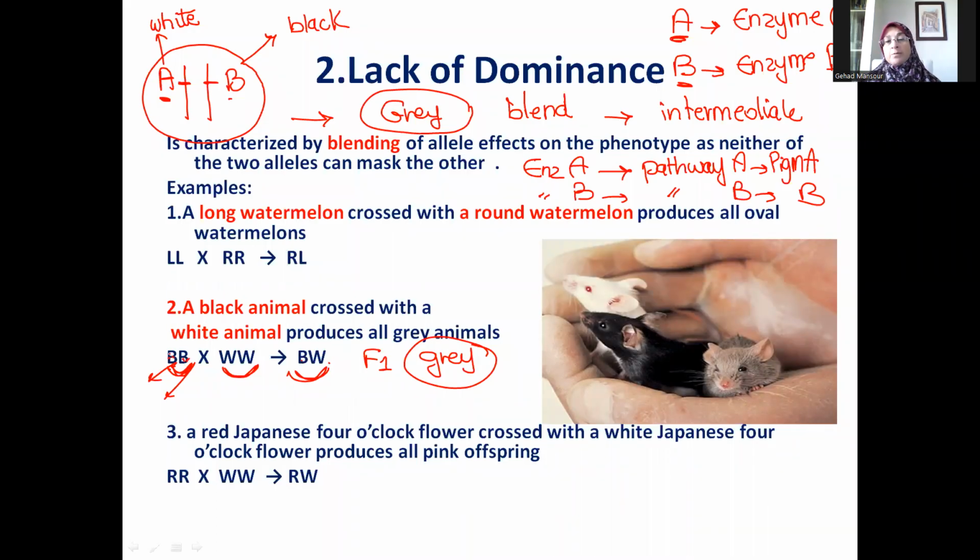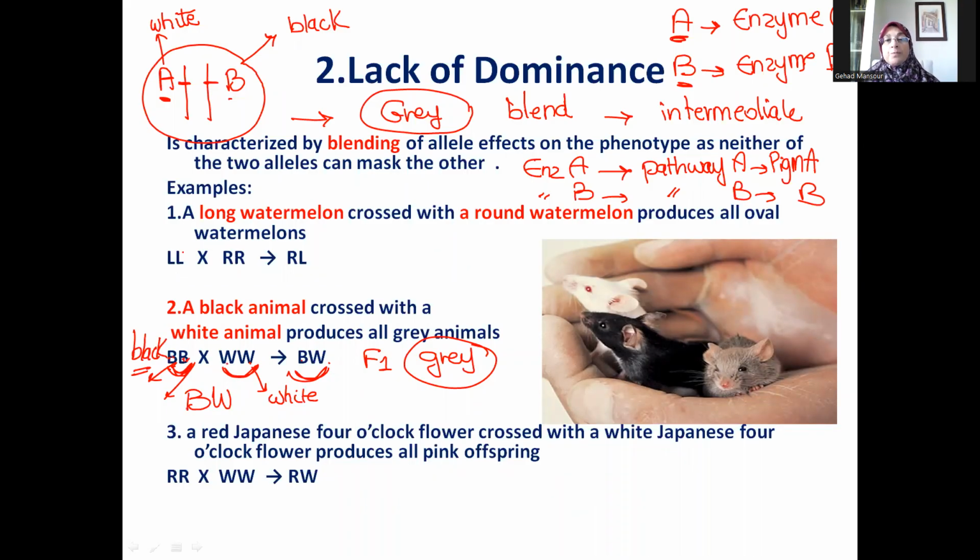You cannot put B capital w lowercase, as in heterozygous dominant Mendelian cases, because if you have BW, it would be gray. So if the mouse is black, then definitely it is B capital, B capital. And if that mouse is white, then it is definitely WW.